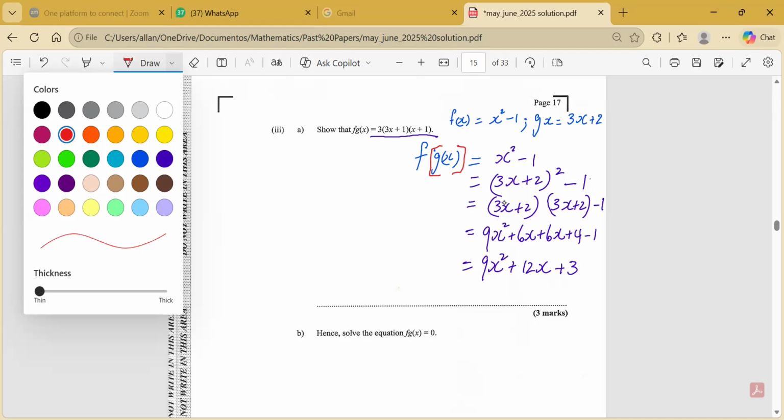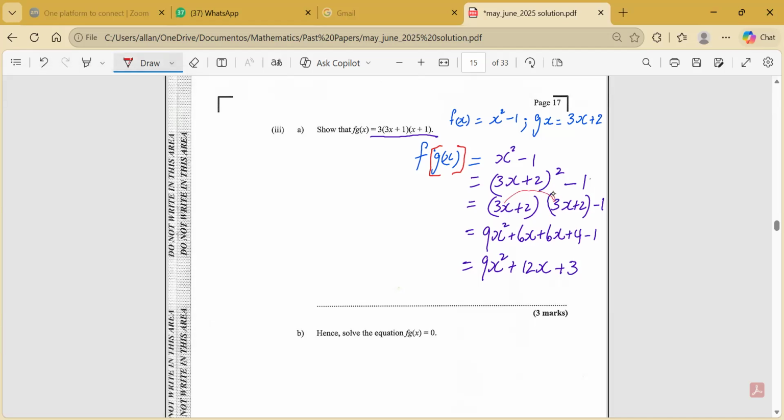So you're multiplying the 3x by 3x. That's 9x squared. Then the 3x by the 2, that is the 6. Then you do the same again, 3x by 2, 6x. And 2 by 2, that's how we got the 4. And 4 minus 1 is 3.